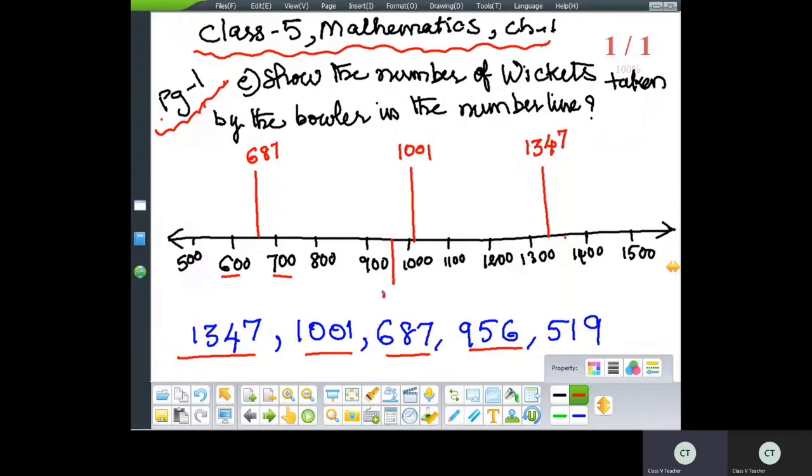So more than half. 956. Got it? Then the next one is 519. Yes, children? Okay. So 519 lies in between 500 and 600. So 519 is here. Got it, children?